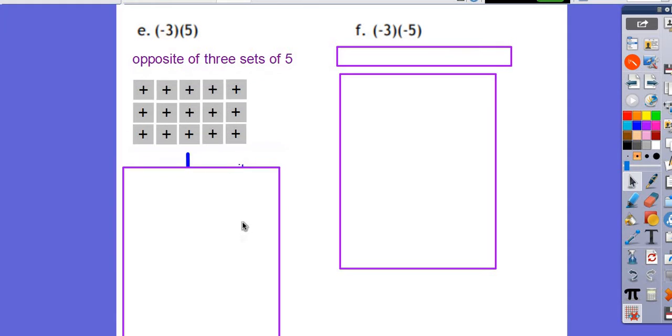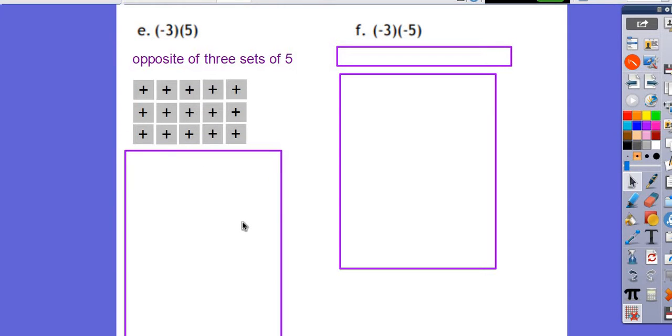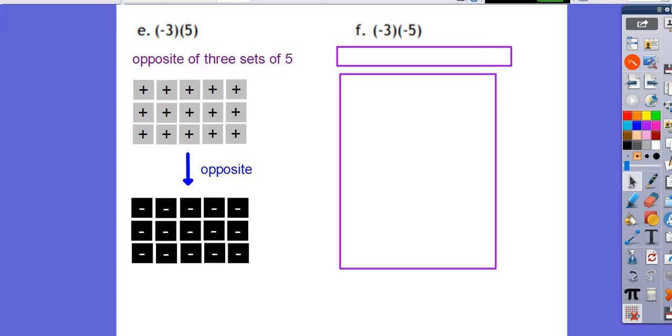So 3 sets of 5 looks like that. Then taking the opposite means to flip them to their negative side. So my final answer has to be a negative. And a negative what as my final answer? Negative 15.